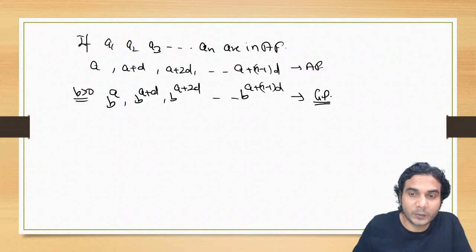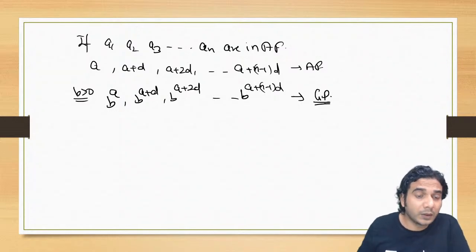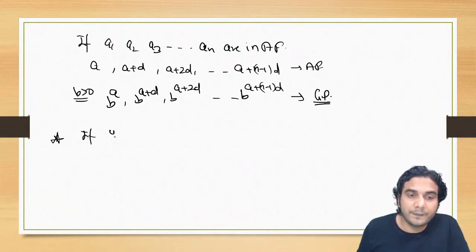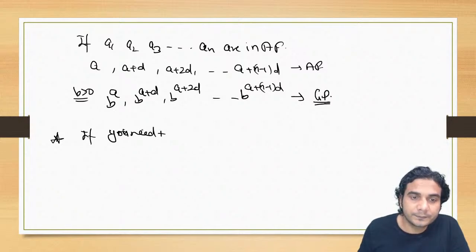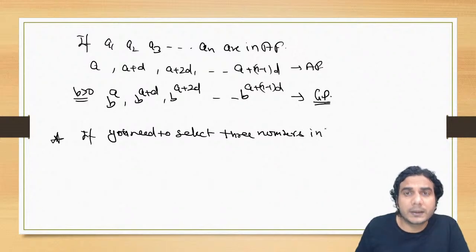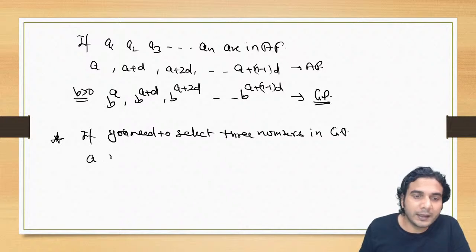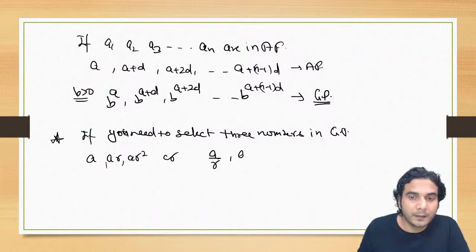So I hope these points are clear. Now one very, very important point again. If you need to select three numbers in GP, or 5 or 7, odd numbers, then you can take numbers A upon R, A and AR.